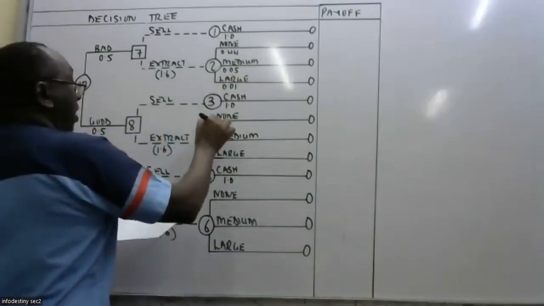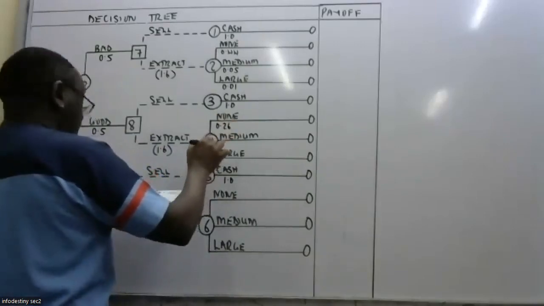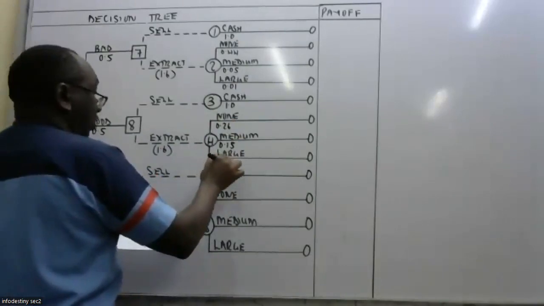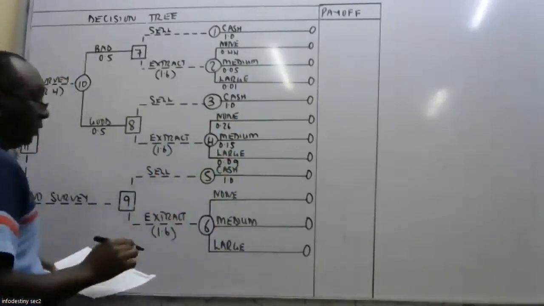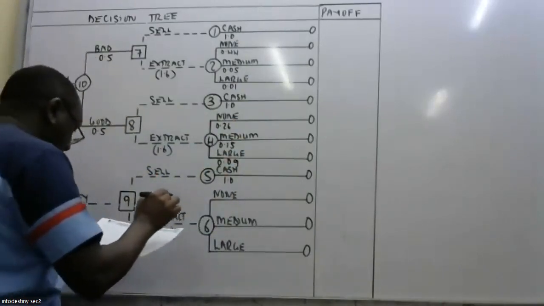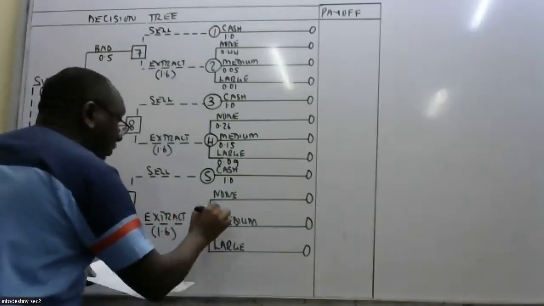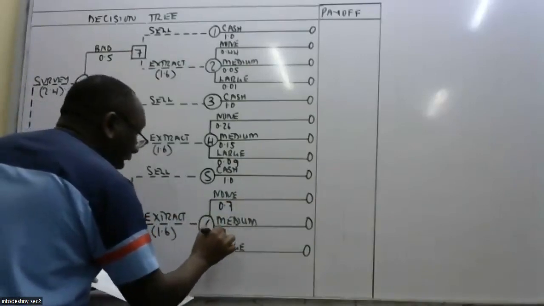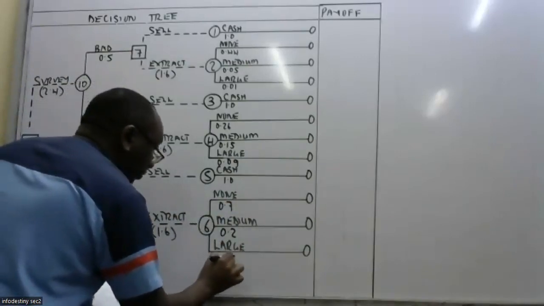Then for good, we have 0.26, 0.15, and 0.09. Then for the ones without the survey, we have 0.7, 0.2, and 0.1.